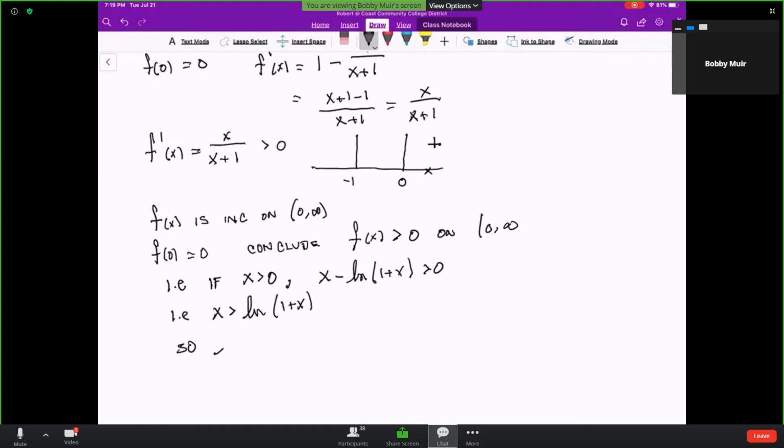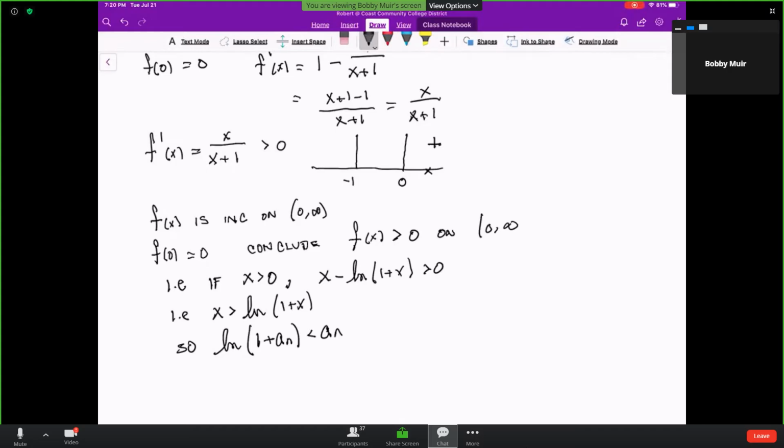So that means that the natural log of 1 plus a sub n is going to be less than a sub n. Remember, all x had to be was positive, and each one of these a sub n is a positive number.